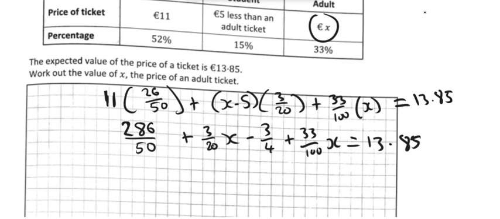If you multiply everything by 100, it'll be 2 times that.